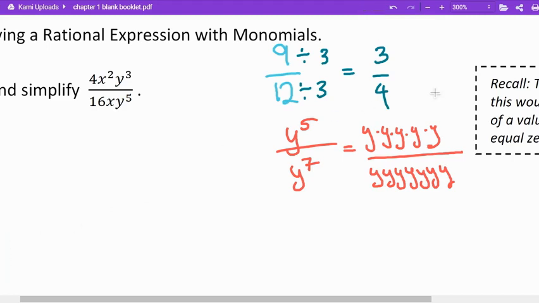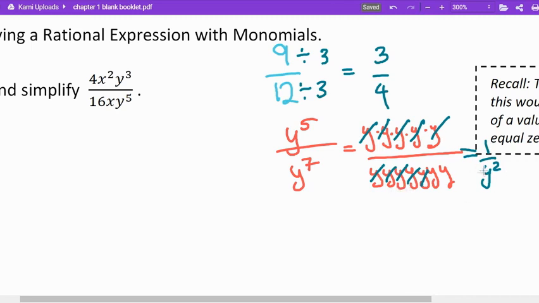And remember in grade 9, we said we can cancel out the y's, 1 y from the numerator, 1 from the denominator. And look, I'm left with 2 in the denominator. So the simplified version is 1 over y squared. Now that's a lot of work.